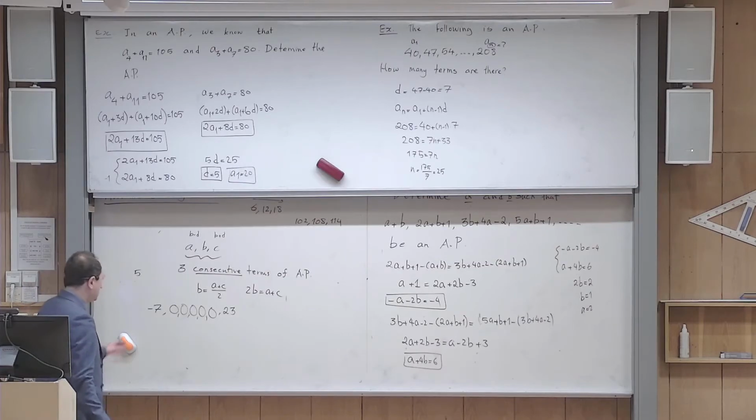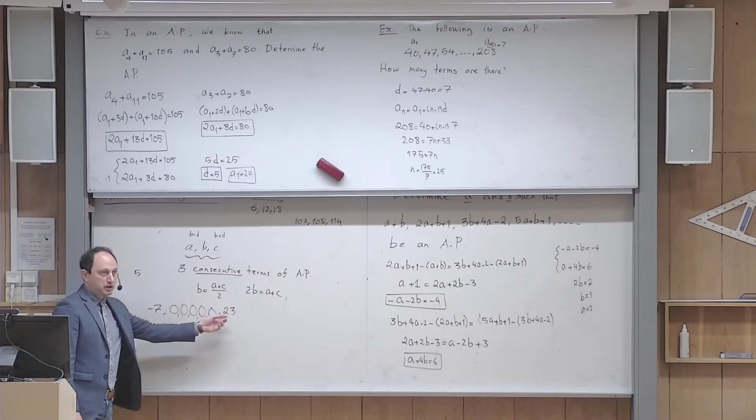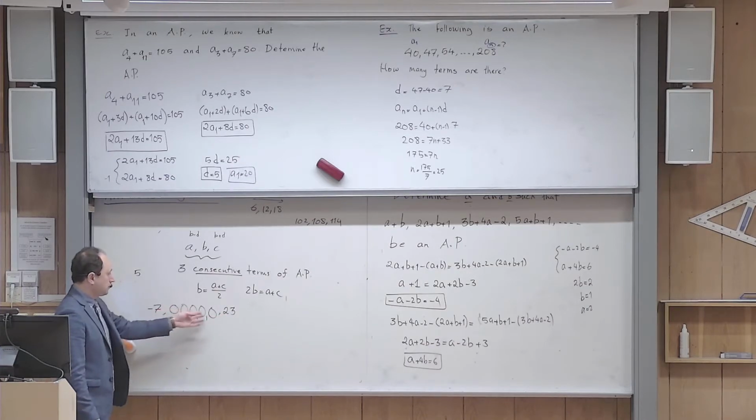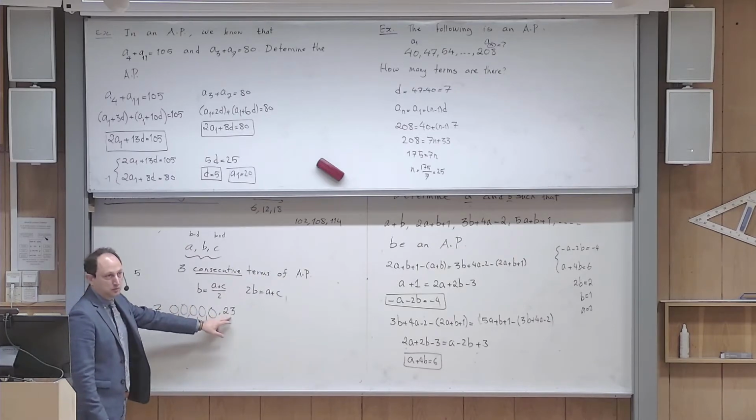So how we solve the problem, it is very simple because I'm supposed to insert 5 numbers here. So then it means this is my first term and this is my 7th term, yes? Because if I want to put 5 in between, this is 1, this is 5, so in total 6, so that would be number 7.